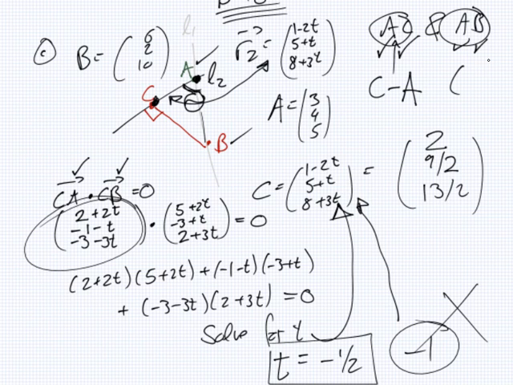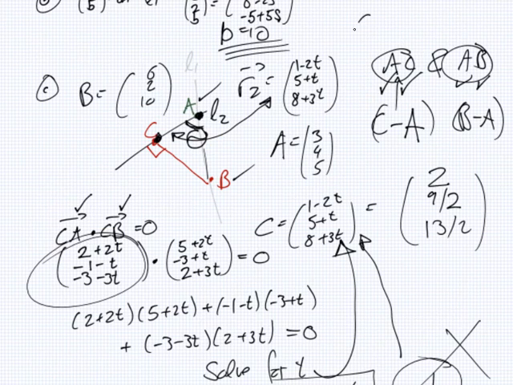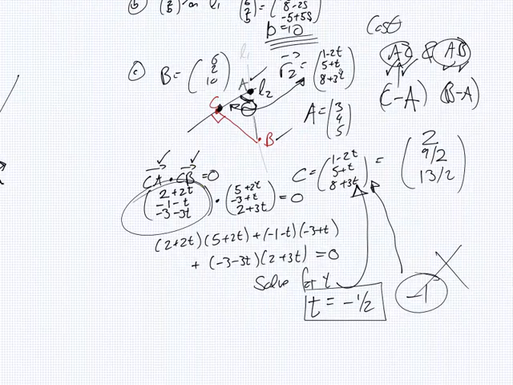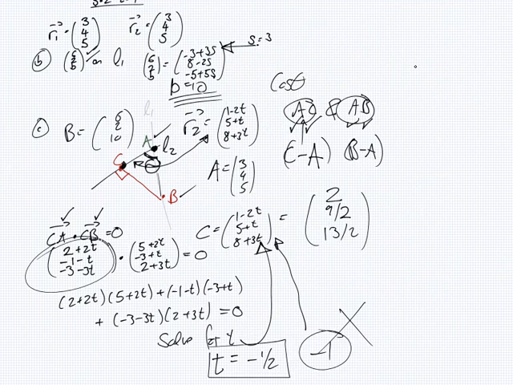And AB? B minus A. And once we have these vectors, what's the formula for the angle? Yeah, so in this case it would be AC dot AB over magnitude AC, magnitude AB. So you don't need me to do that, right? No, you don't. Of course not.